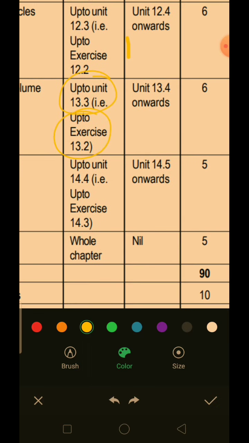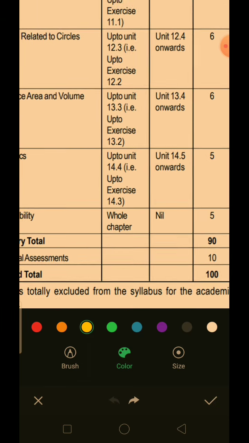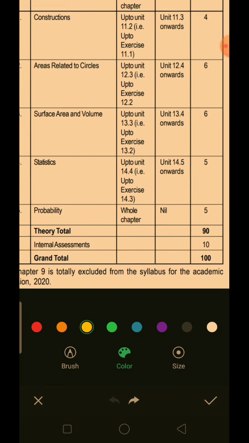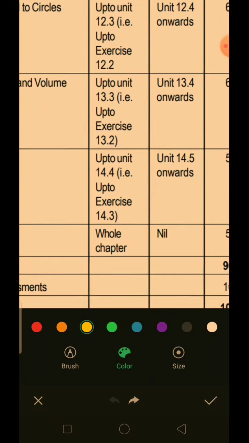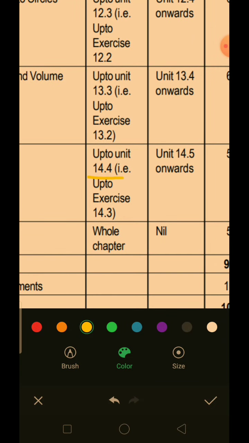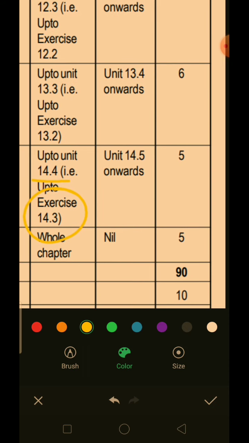So this would be helpful for you. Now let's look at statistics. Up to unit 14.4 you have to study. Exercise up to 14.3. What has been left out is unit 14.5 onwards. So only up to exercise 14.3, and this will carry for you 5 marks.